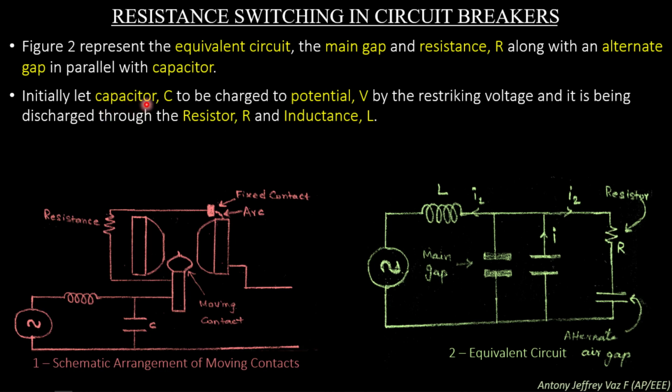Initially, let capacitor C be charged to a potential of voltage V by the restriking voltage, and it is discharged through the resistor R and inductor L. Initially, the generator generates the current, and this current flows through the inductor L and into the capacitance C. So, the capacitance C will be charged due to the restriking voltage which is fed from the main generator.